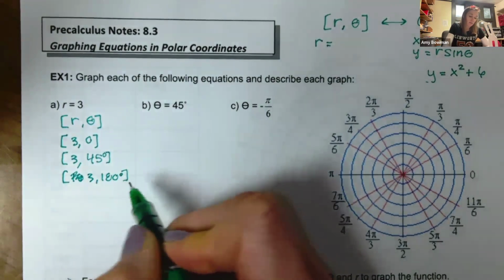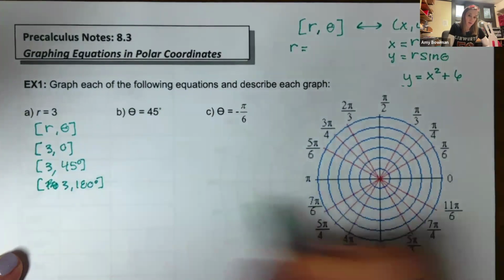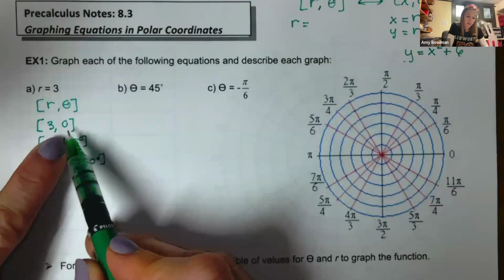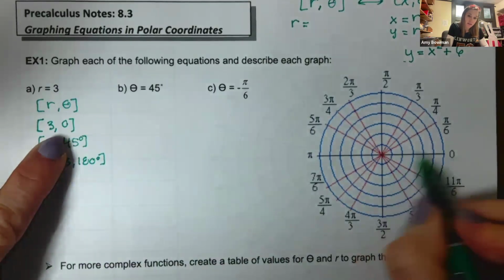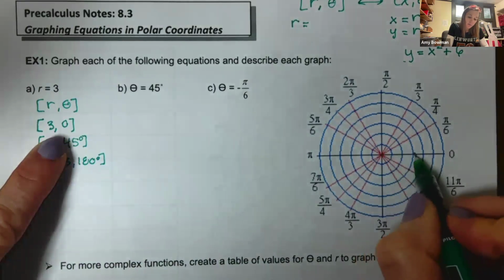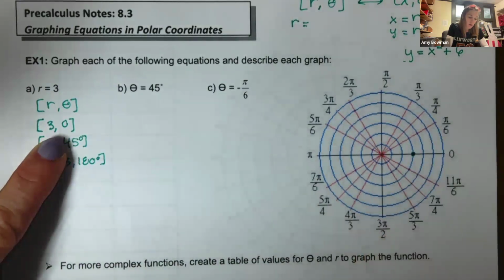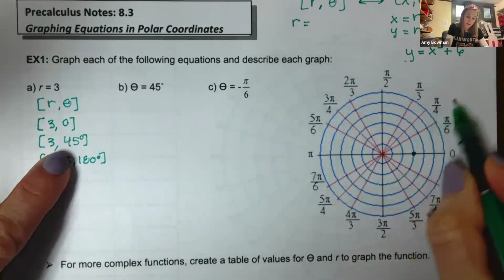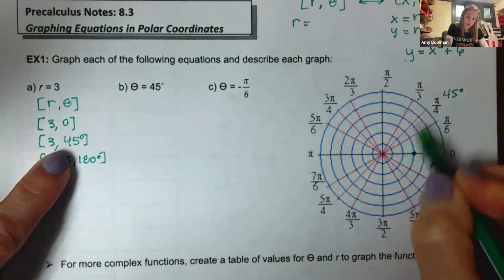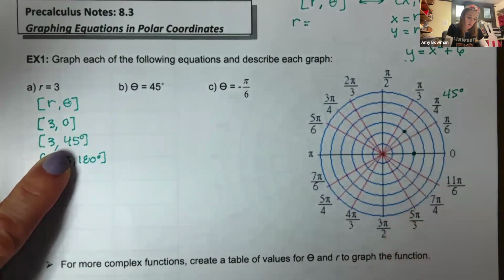So let's see what graph is formed when I plot some of these points on my polar grid. 3, comma, 0, that means I'm facing 0 degrees and going out 3 units from the pole. There's my point. 3, comma, 45 degrees would be right here, facing this direction, going out 3.